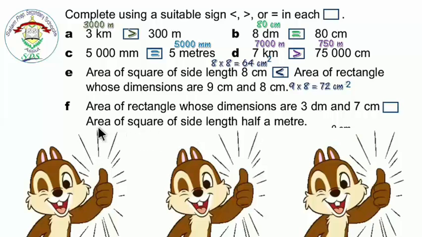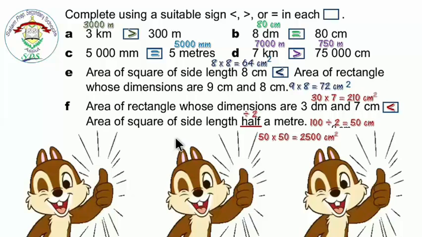So the area of square equals 50 centimeters times 50 centimeters equal 2,500 square centimeters. So 210 square centimeters is smaller than 2,500 square centimeters.